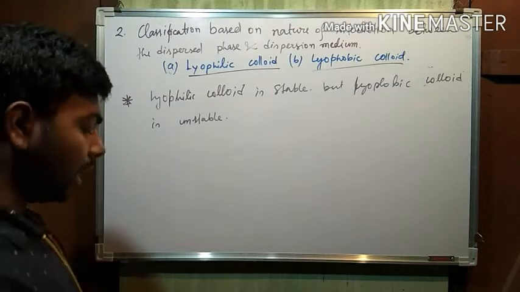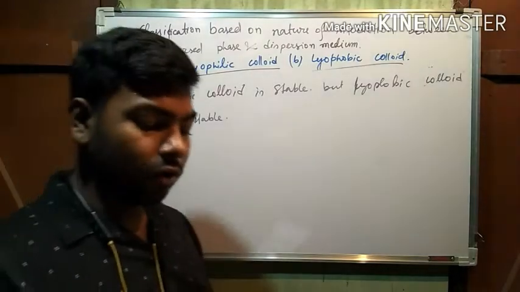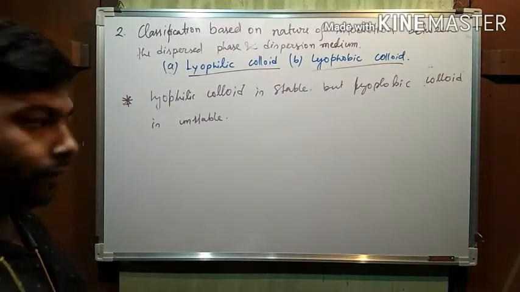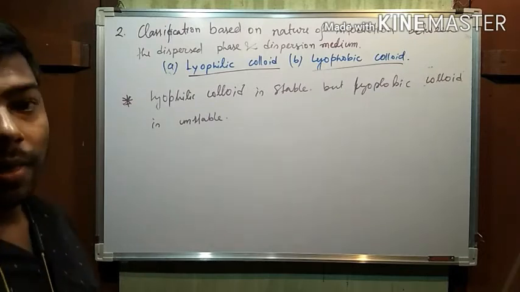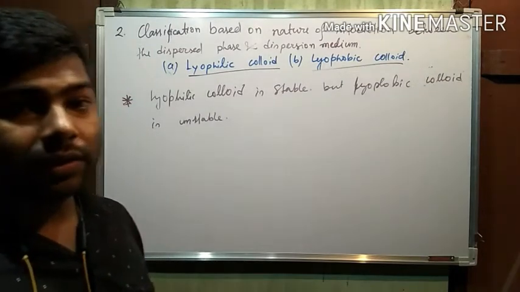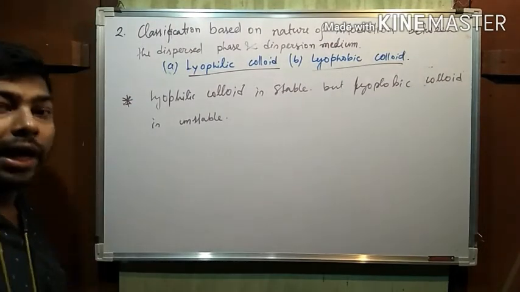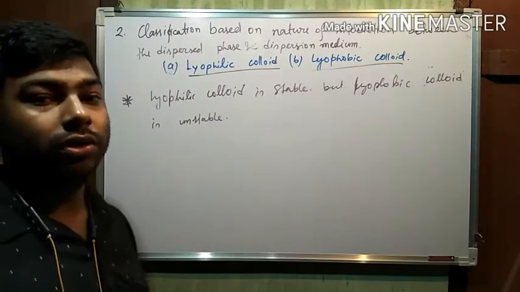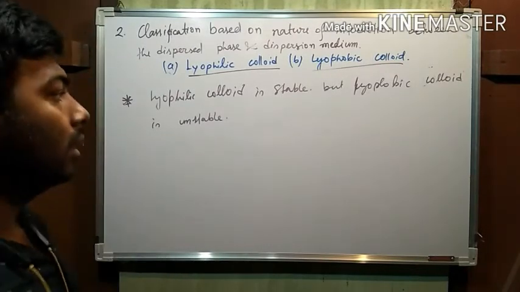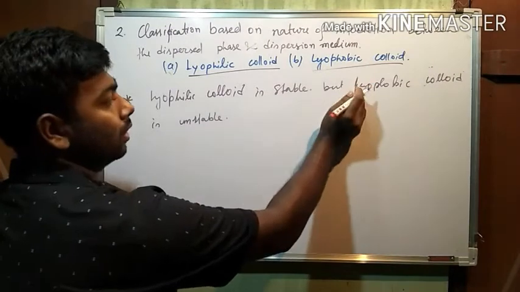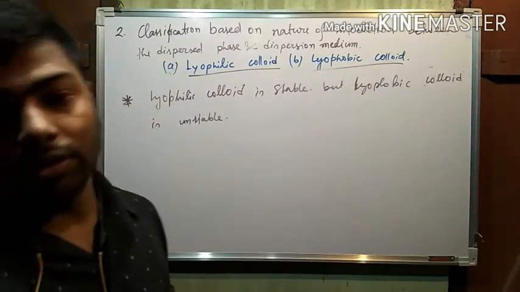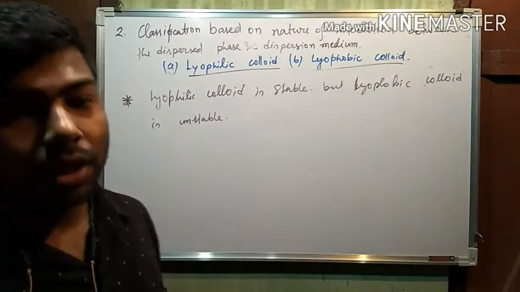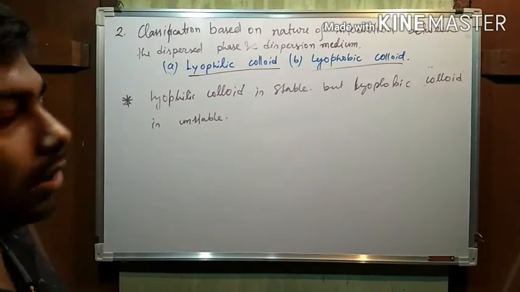Why is it stable or unstable? Because in lyophilic colloids, the dispersed phase loves the dispersion medium and mixes throughout the solution. That's why it is stable. But in the lyophobic colloid, the dispersed phase does not mix properly with the dispersion medium. That's why it is unstable.